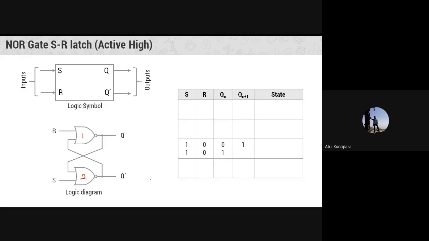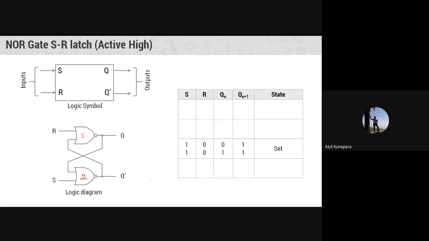Another case: if you are giving S equal to 1 and R equal to 0, but before that your Qn is already 1, then what will be the next output? It will be only 1, meaning it will not change. It will remain as it is. So then we can say it is a set condition.